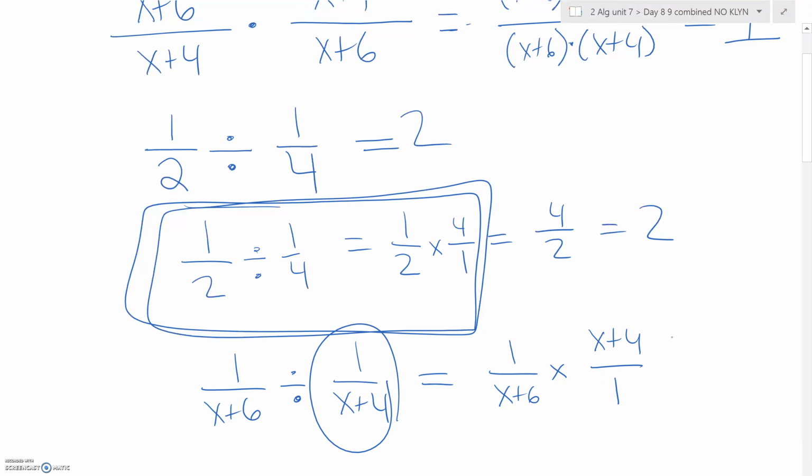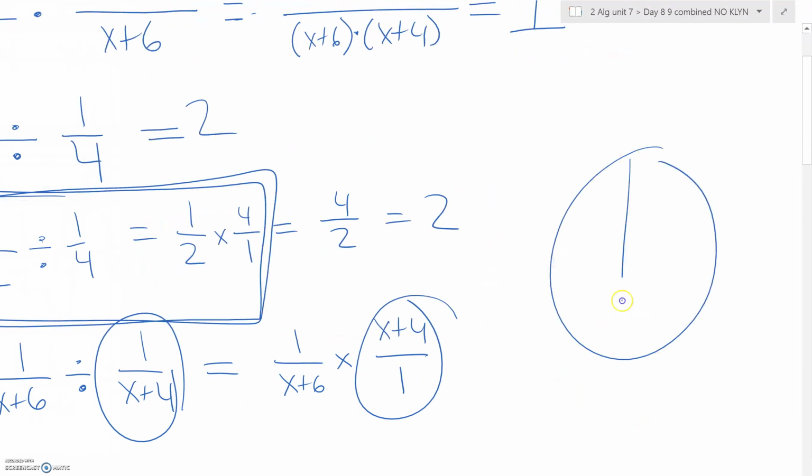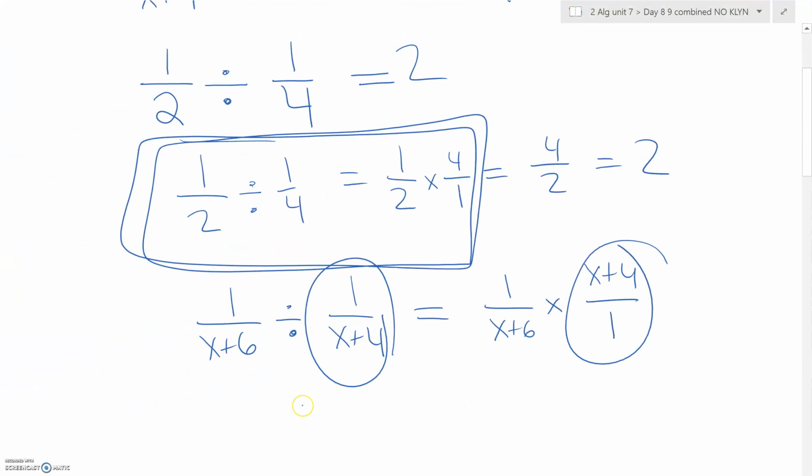It's the reciprocal of that fraction. And again, if that's hard for you to think about, go back to thinking about dividing a half into smaller pieces. How many fourths go into that half? Because it's harder to think about it when we're using just symbols.